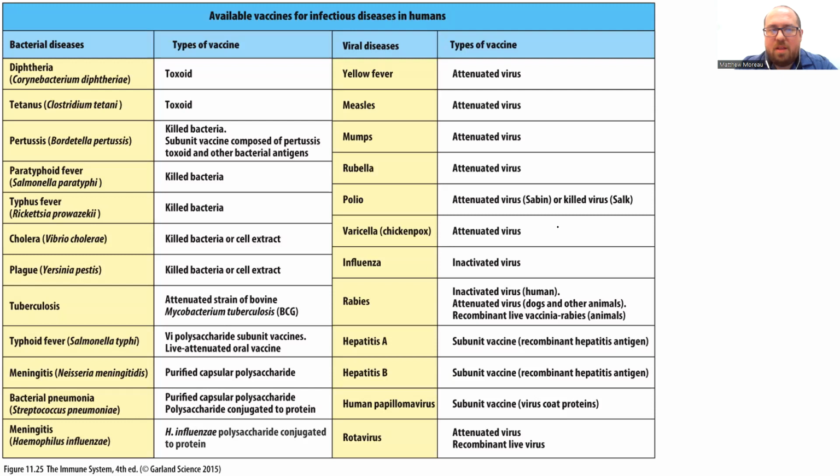And we can look at these things that we have vaccines for, and the relative rates of infections. Since we're not doing this in class, think to yourself, when was the last time you heard of a diphtheria outbreak or tetanus outbreak or even a pertussis outbreak, or typhoid fever, plague?